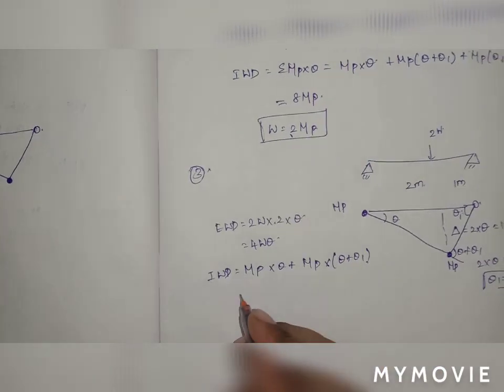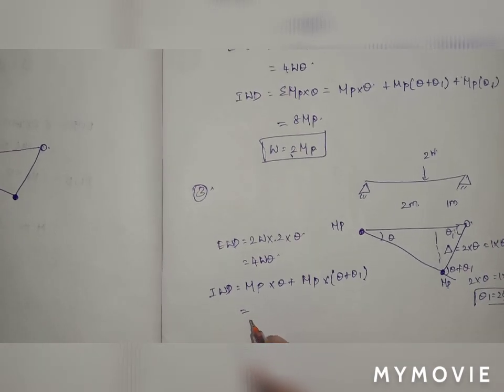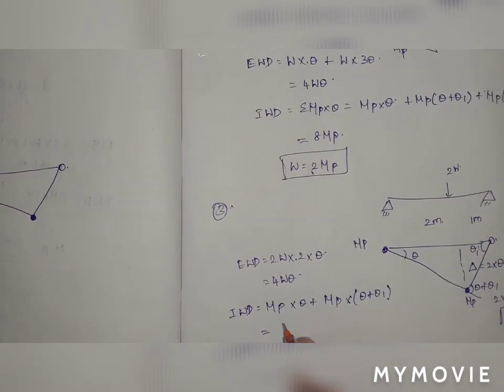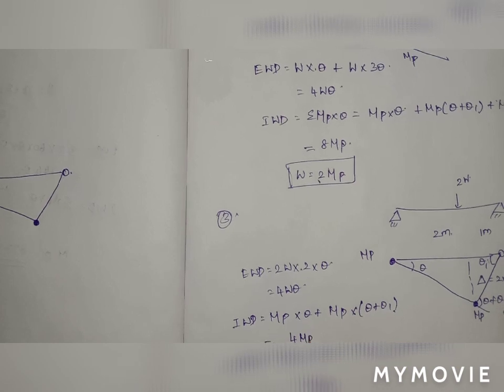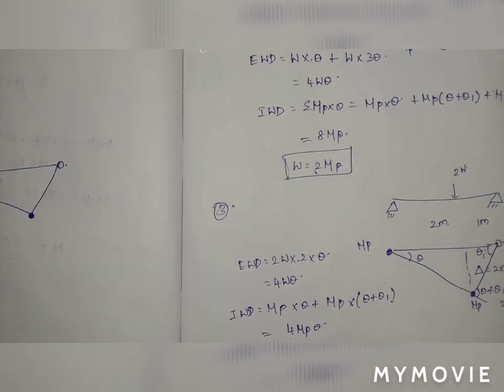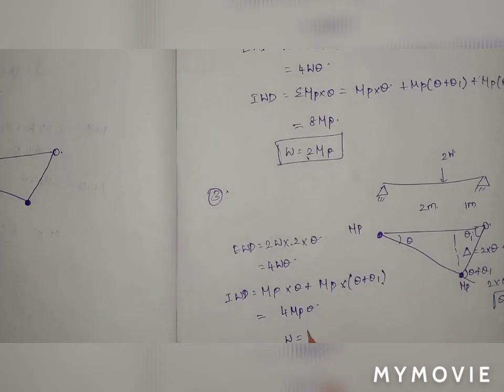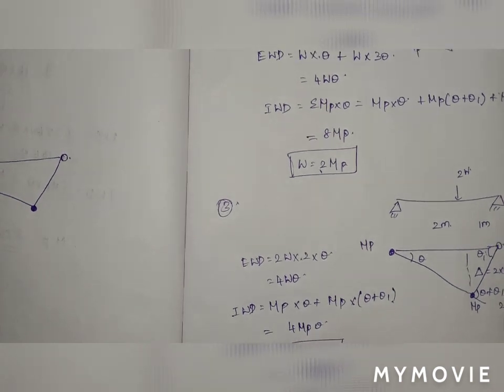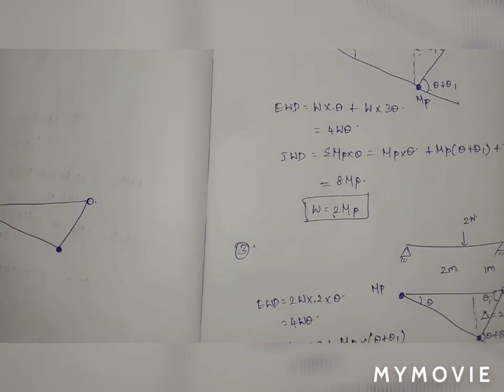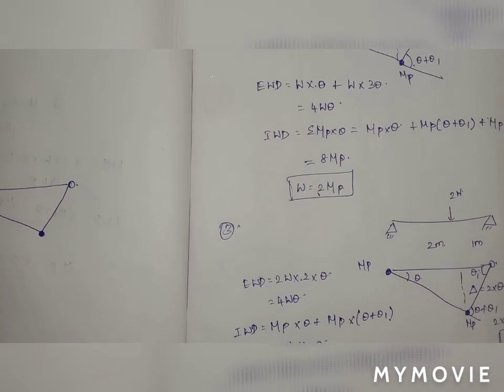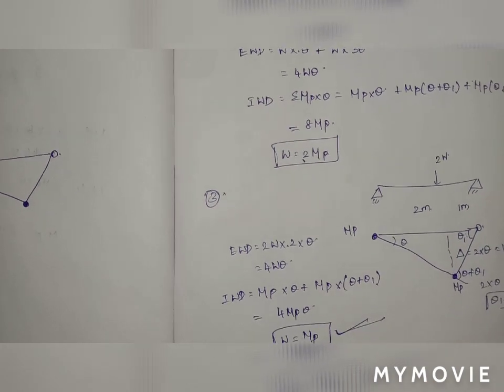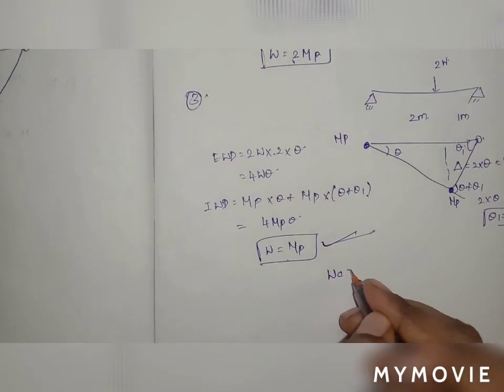So substitute the value of theta 1, you will be getting the final internal work done as 4 mp theta. If we equate both the equations, you will be getting w is equal to mp. So the minimum value of collapse load is equal to mp. Hence take this value as the final value. So collapse load wc is equal to mp.